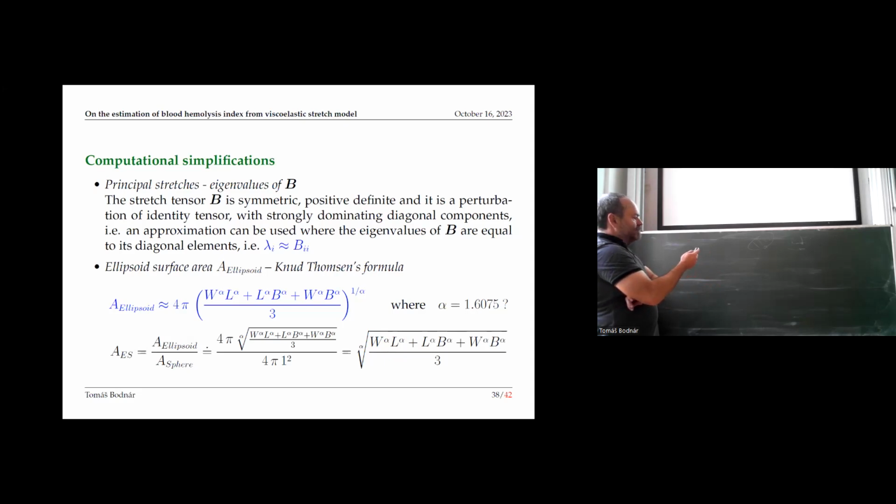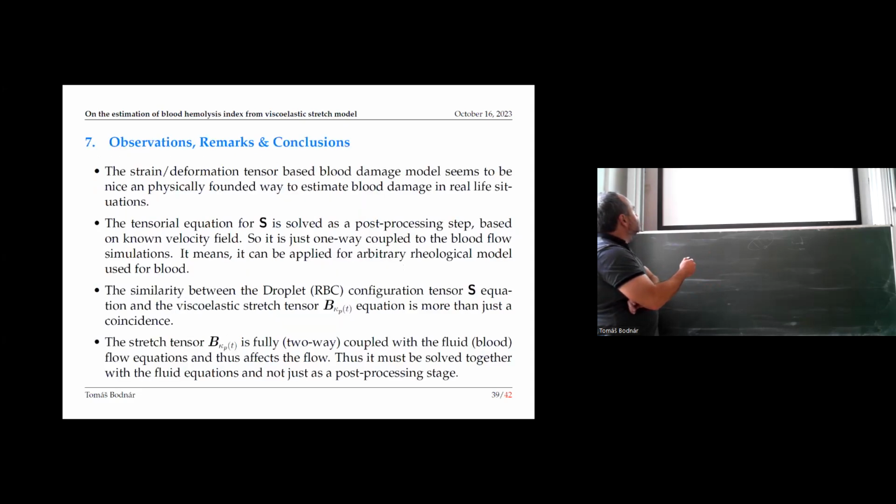So this is basically how to do that, and I think there are just conclusions and so on. I did an overview of the blood damage models, which are very important, and it's a very challenging topic. There is no general consensus about how to model this phenomenon and what factors affect this blood damage.